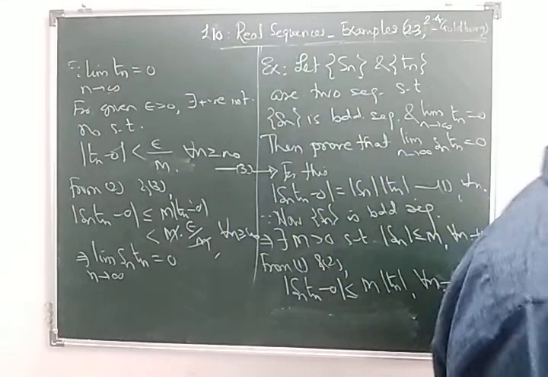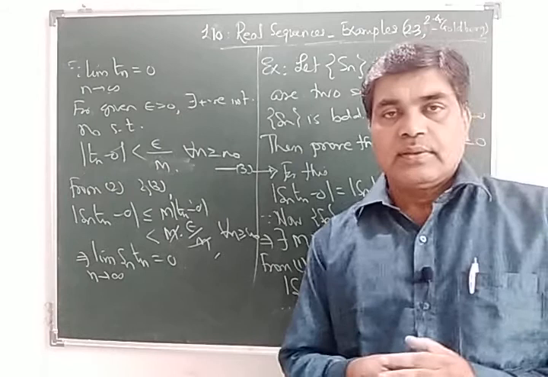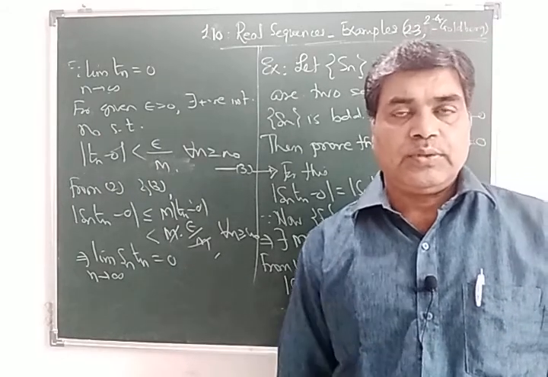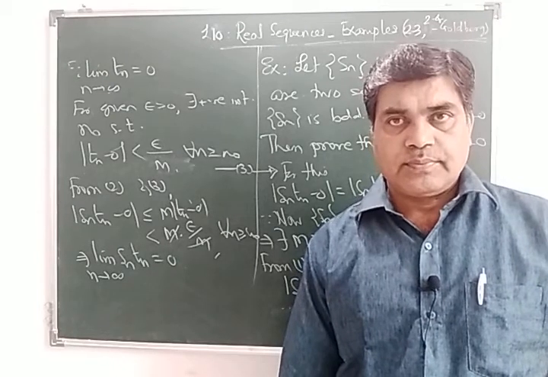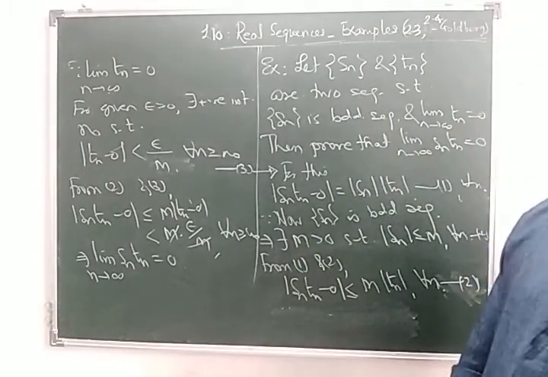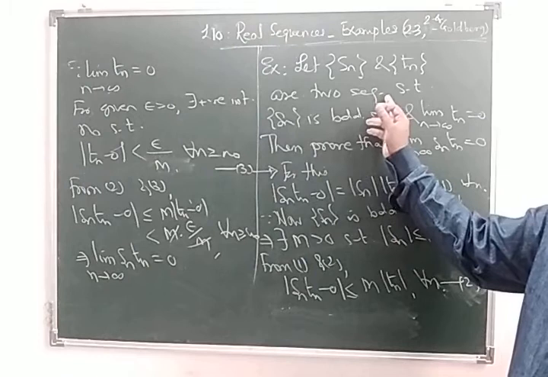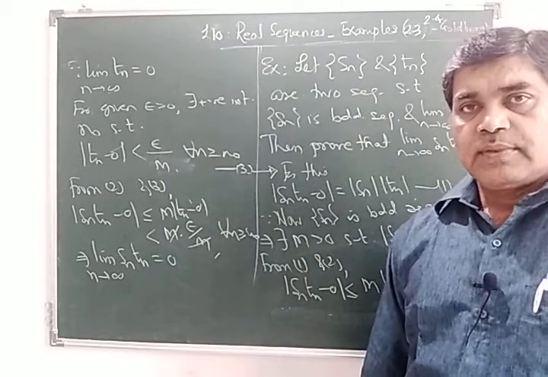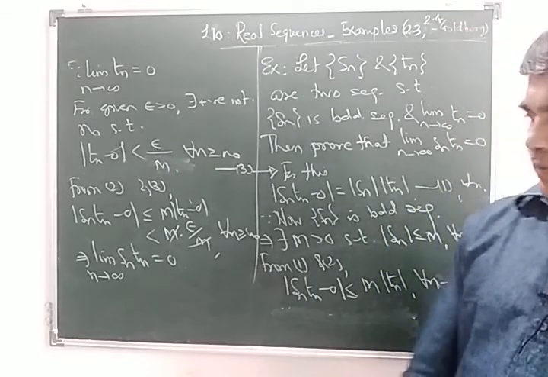So here, if I take one sequence which is bounded and another sequence which converges to 0, then the result is true. But if Sn is bounded and Tn is only convergent, then whether Sn Tn is convergent, that is the question.